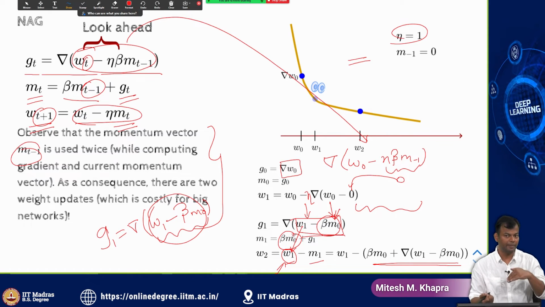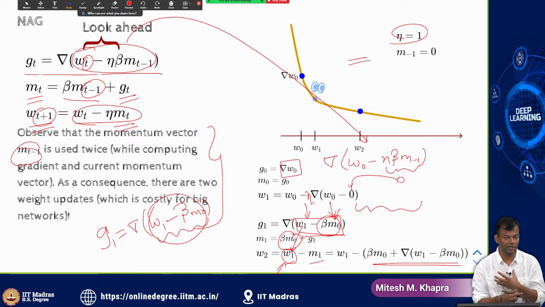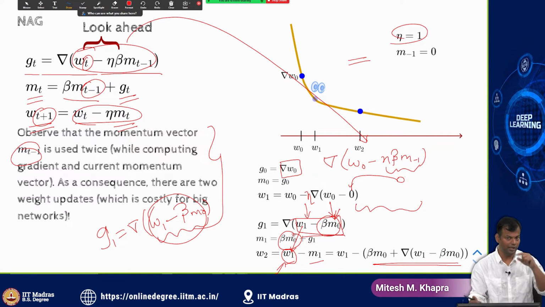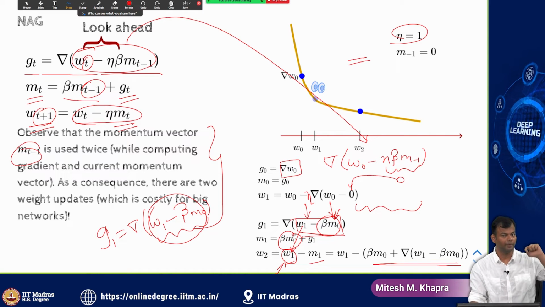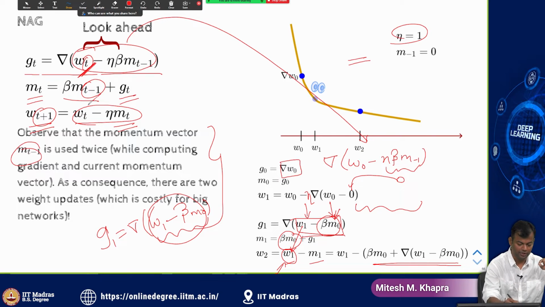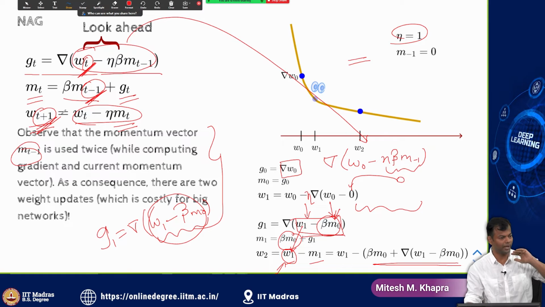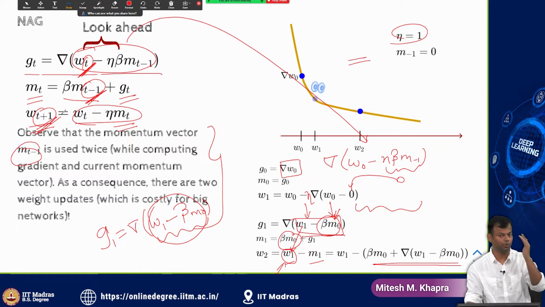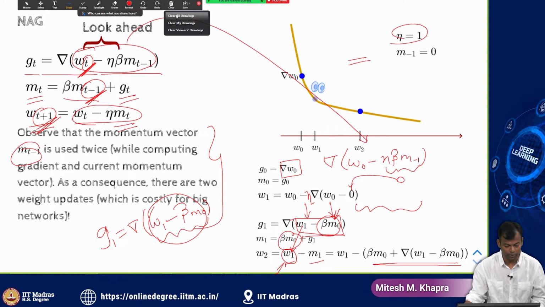So if at the previous time step itself, I could have computed an updated value and sent it here, then I wouldn't have had to do this here, right? So that's the idea, and you can see that you have t, t minus 1 and t plus 1. These are the three time steps that you see here, right? And instead, can we write everything in terms of t and t plus 1 and push the look ahead such that I don't have to do these computations again, right? So that's what we want to do. So let's see what we are going to do about it.